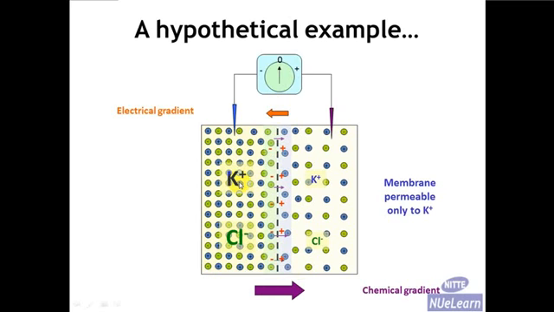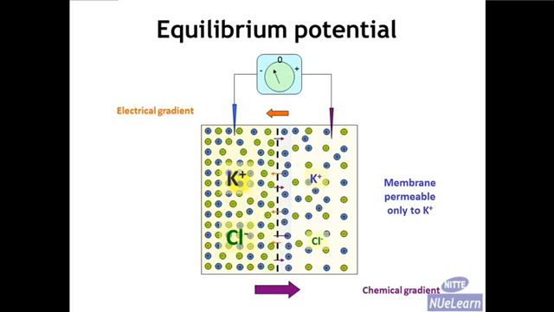Therefore, you have a scenario where within a very brief time, given the diffusion of ions rapidly, the chemical gradient shrinks, the electrical gradient becomes larger and larger, and you soon reach a situation where the magnitude of the chemical gradient is equaled by the magnitude of the electrical gradient, but it is in a direction opposite to that of the chemical gradient.